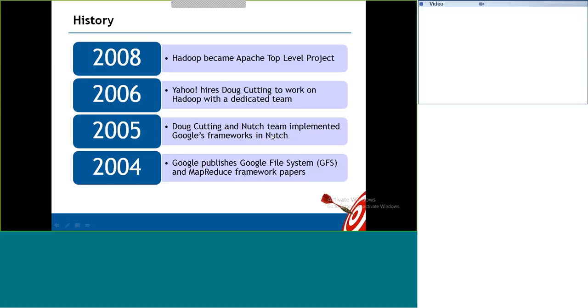After successful implementation, Yahoo hired Doug Cutting and his team to implement Yahoo Groups in Hadoop. After successful completion of that project at Yahoo, they thought about contributing this software to open source Apache.